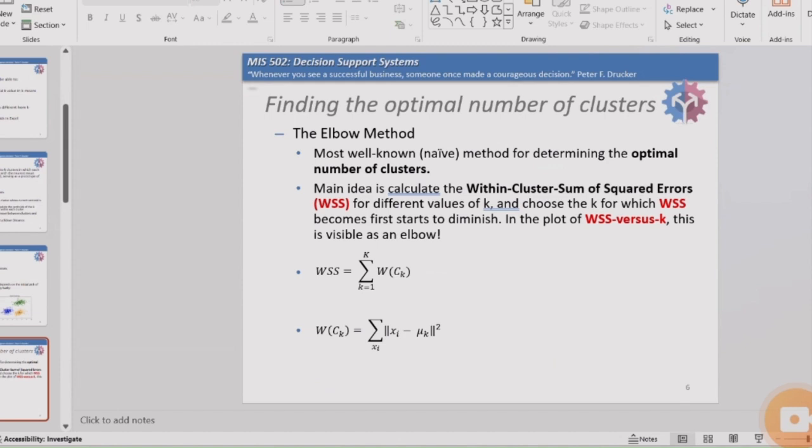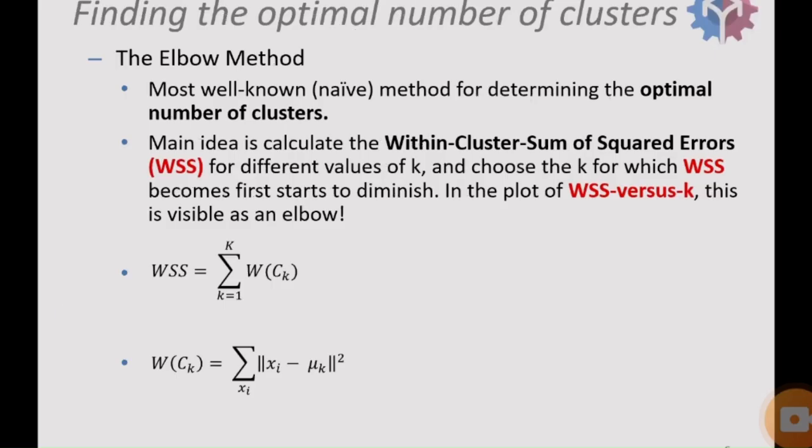Let me go full screen again, and then draw that. Imagine we have 2 clusters here, one of them here, and the second one here. Now this is your center, and this is your center.